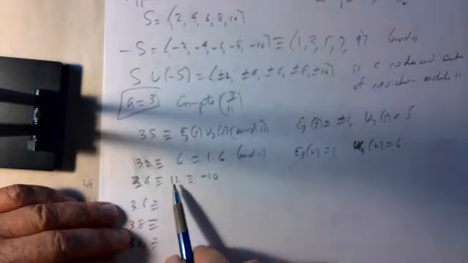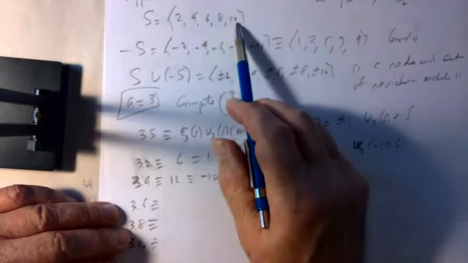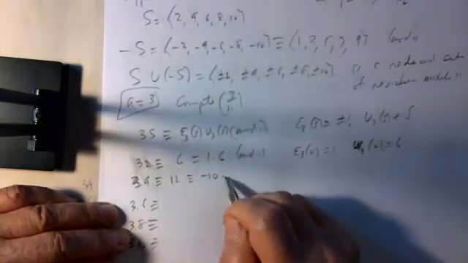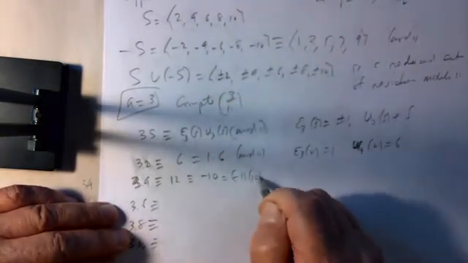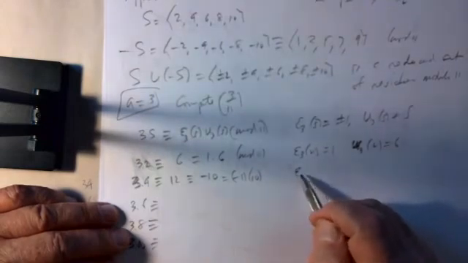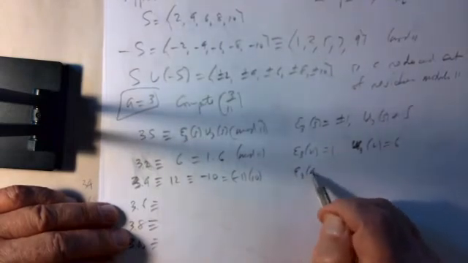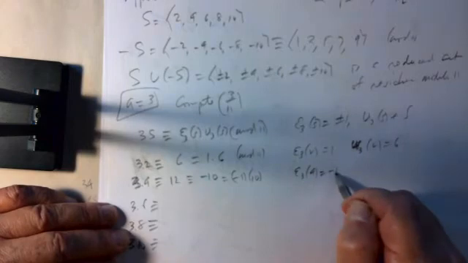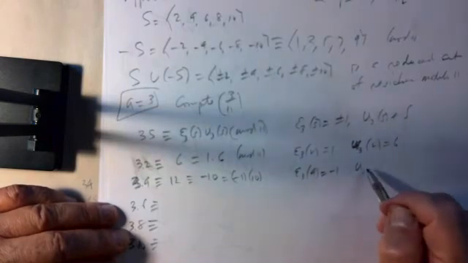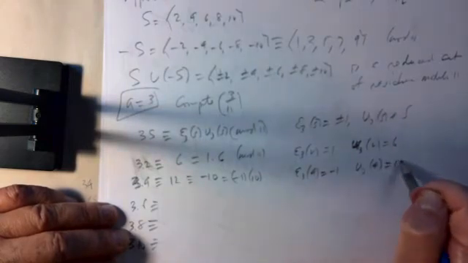Because 12 is the same as 1 is the same as minus 10. 10 is in my set S. This is minus 1 times 10. So epsilon sub 3 of 4 is minus 1, and u sub 3 of 4 is 10.